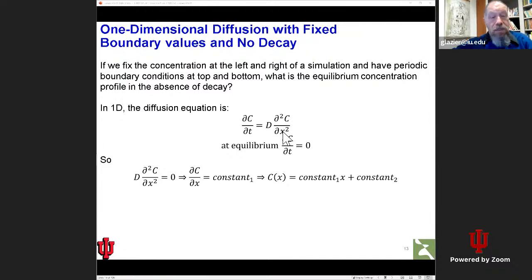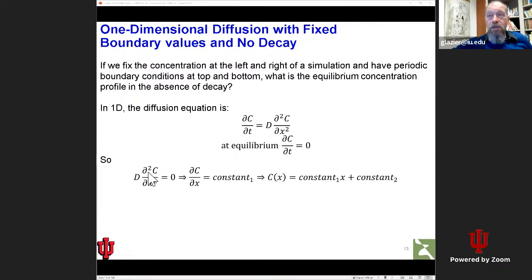And now we ask, what is the equilibrium solution? What's the time-independent solution? To do that, we say dc/dt is 0. So we set the left-hand side of this equation to 0. D times the second derivative of c with respect to x is 0.